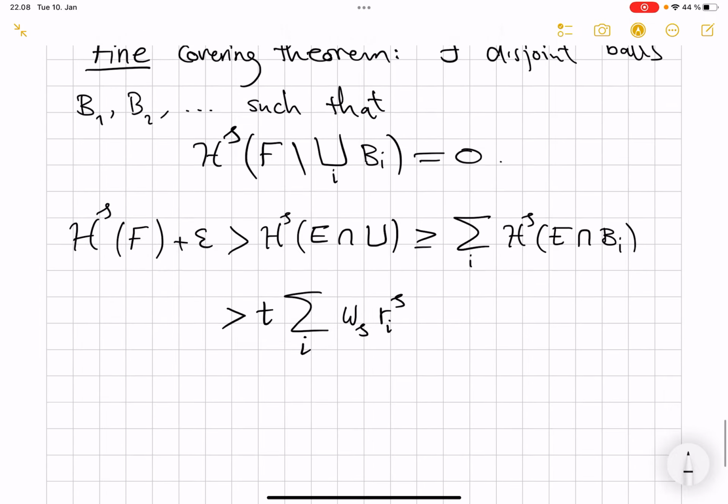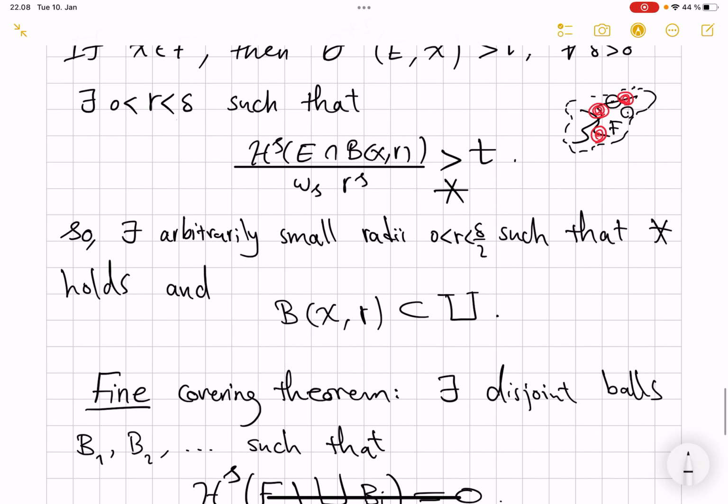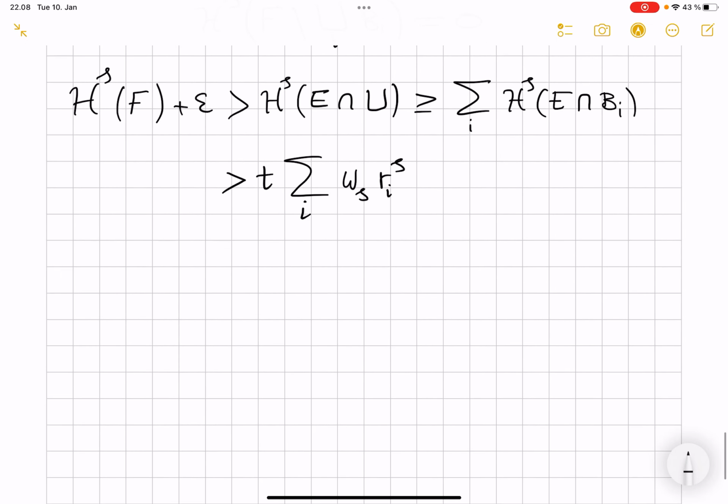So let me double check this. Star means this measure is bigger than t times omega_s R_i to the power s. The R_i are less than delta over 2. That means the diameter of these balls is less than delta. So this one is an upper estimate for the H^s delta content of the set.